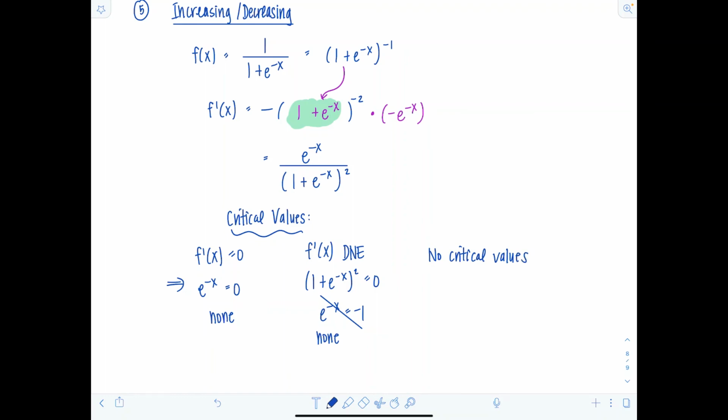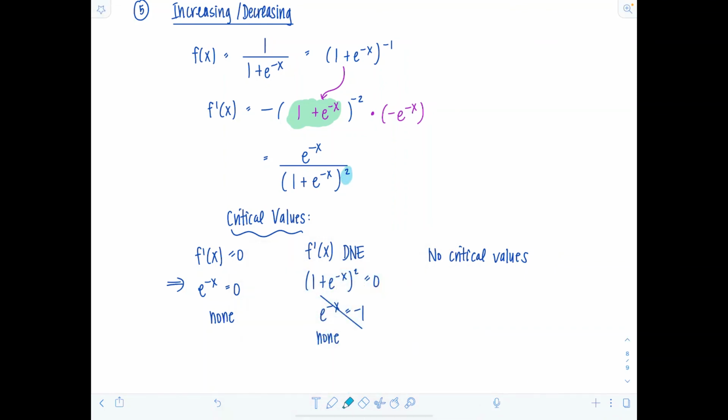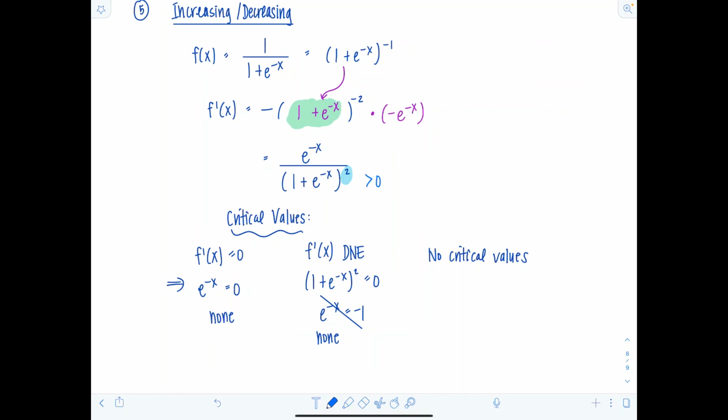In fact, did you notice something? Look at the denominator. It's always positive. And e to the negative x, great, hopefully you remember your exponential graphs, otherwise we're in big trouble, guys. So e to the x looks like this, e to the negative x has just been reflected. Again, that's also positive.